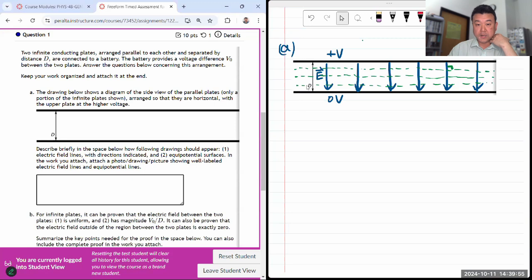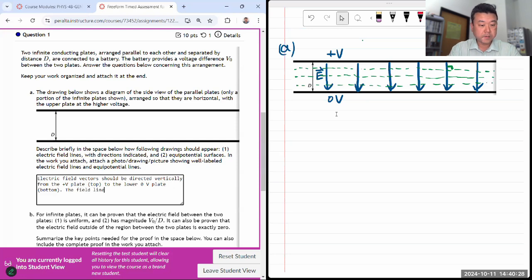I'll be attaching this to the attached work, but in the answer you should give a word description, like you are describing this to a blind classmate. So electric field vectors should be directed vertically from the plus V plate at the top to the lower 0 volt plate at the bottom.